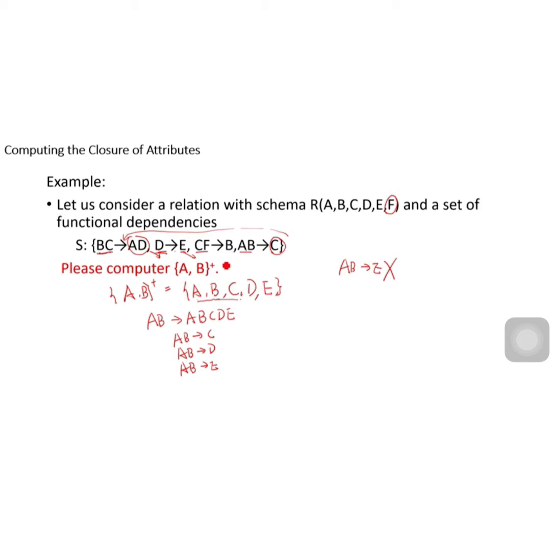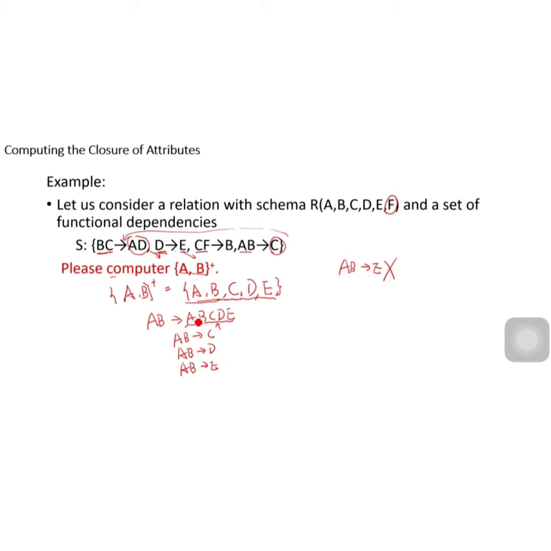Okay, this is an example of computing the closure of attributes. If we find the closure of an attribute set, then the attributes in the closure can be on the right side of an FD.